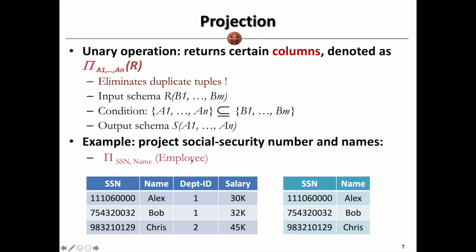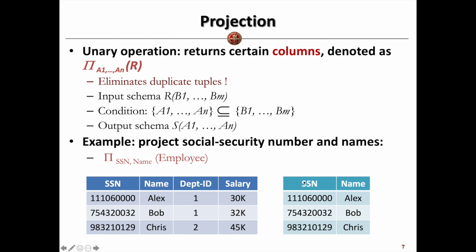So by executing this query on the input relation, we will get a new relation as shown on the right-hand side, right? We mentioned the schema is different because we now have 2 attributes in the output, SSN and name. They are the target attributes as we required, right?